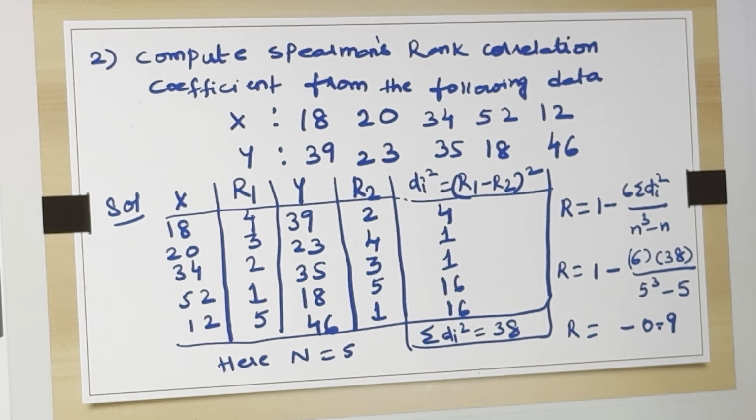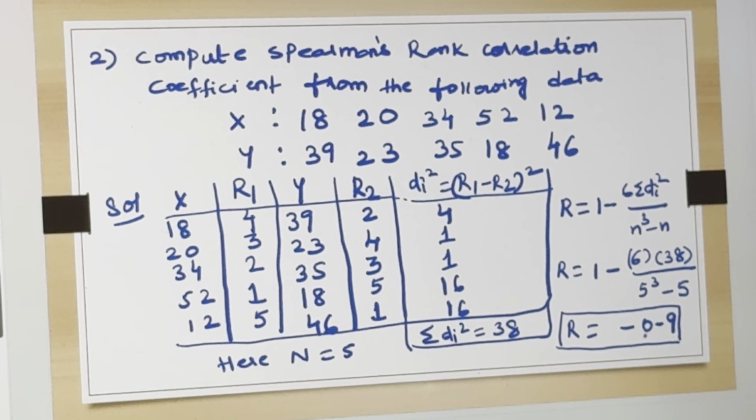So 1 minus 6 into 38 upon 5 cube matlab 125 minus 5. 6 into 38 is nothing but 228, then upon 120, so the final answer is 1 minus 1.9 you will be getting. So minus 0.9 सबको आना चाहिए. ठीक है, so R is equal to minus 0.9.